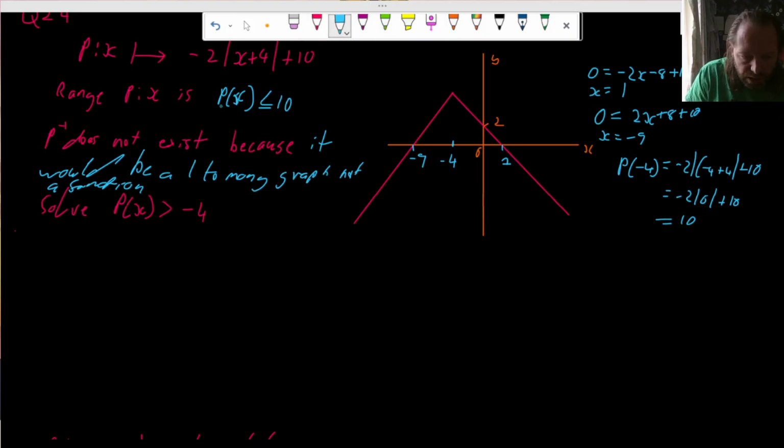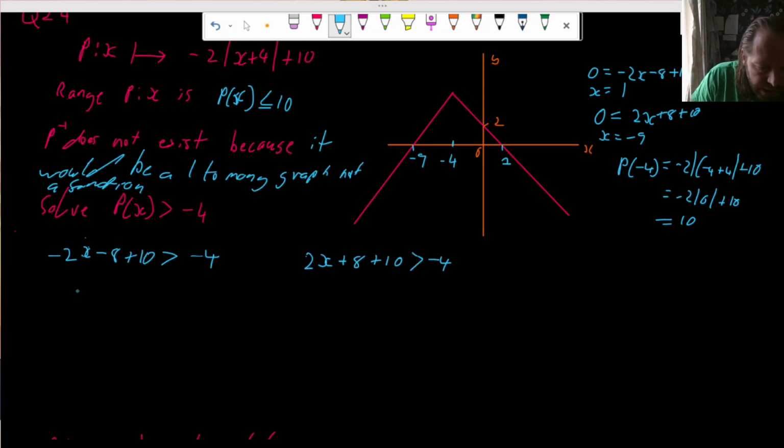We're going to start with minus 2 of x minus 8 plus 10 is greater than minus 4. We're also going to be looking at plus 2x, multiplying minus 2 by minus x. Minus 4 times minus 2 is plus 8, plus 10 is greater than minus 4.